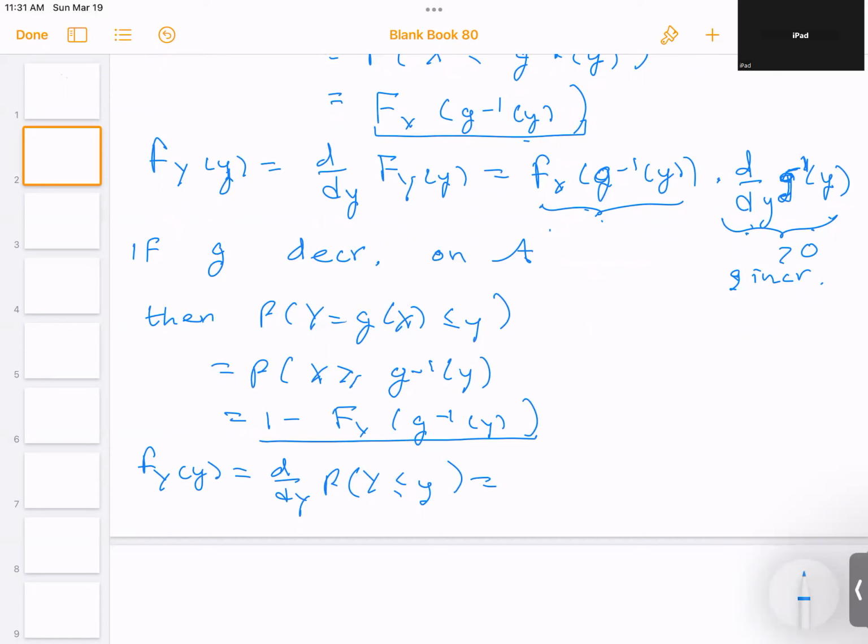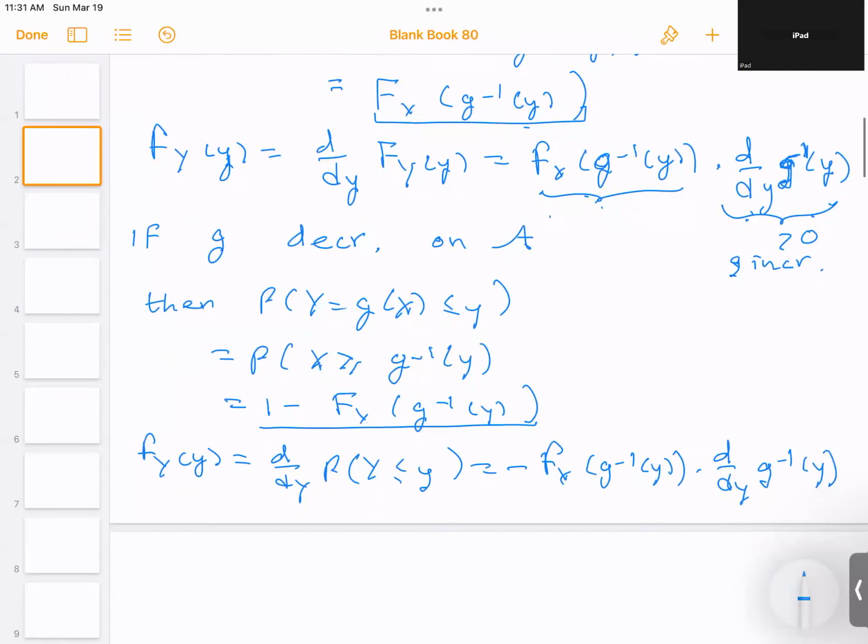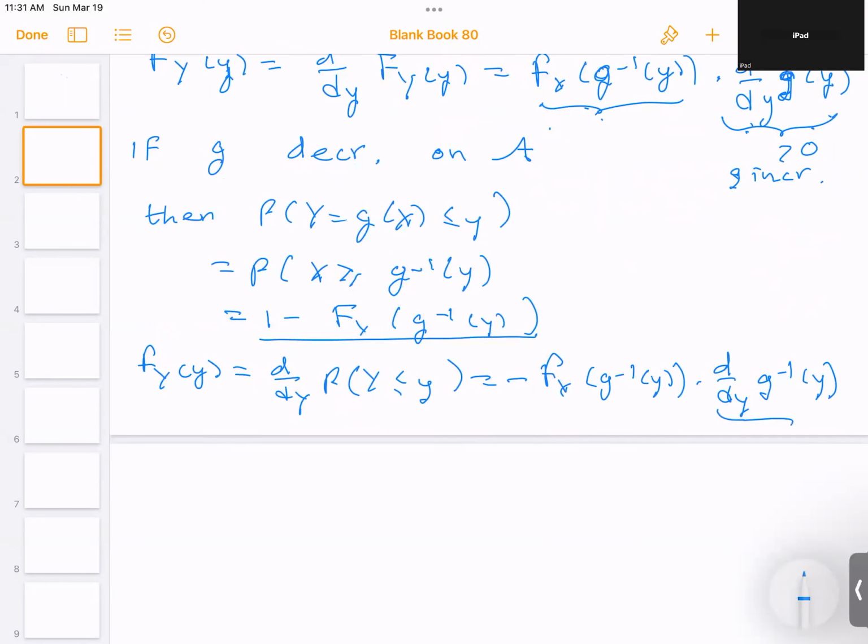We get a minus sign, f_X of g inverse of y, times d/dy of g inverse of y. However, now this is negative because g is decreasing. And so I get a negative sign and another negative sign.